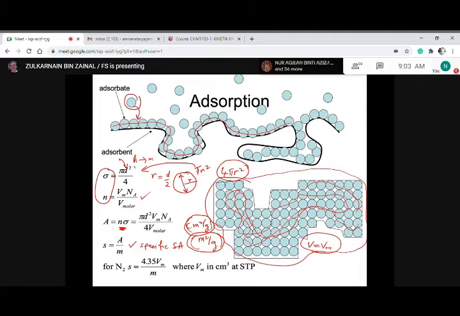So be careful with the unit that you use for the calculation. And what is the last unit that you should get for this surface area?